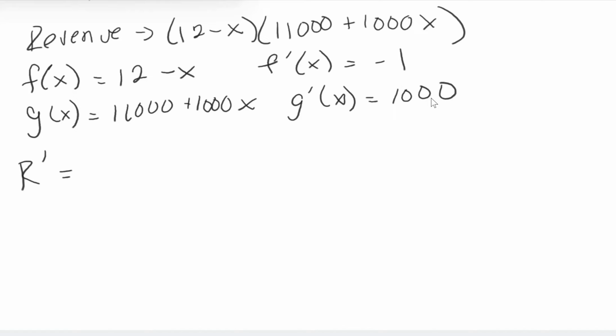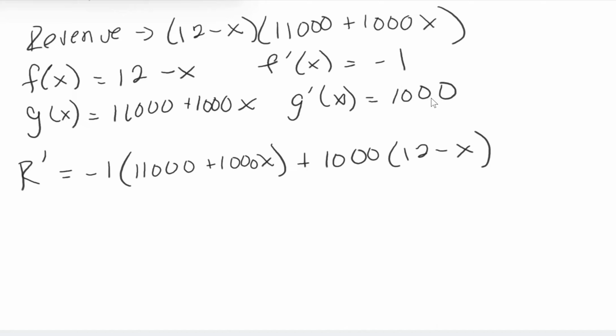So r prime is negative 1 times 11,000 plus 1,000x, plus 1,000 times 12 minus x.